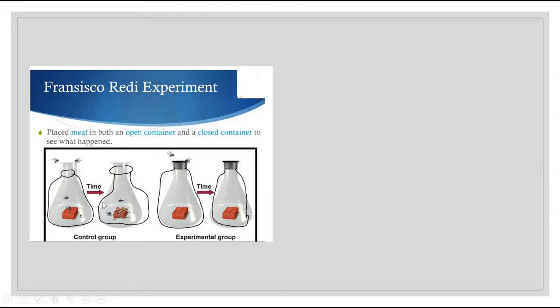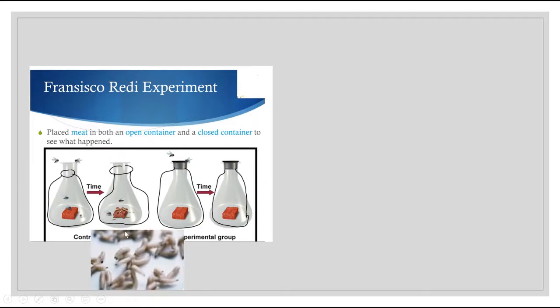His observation, as expected, was that in the first control set, where there was no cork and air could come in and go, small worm-like structures generated on the meat with time. But this was not the case with the experimental group.